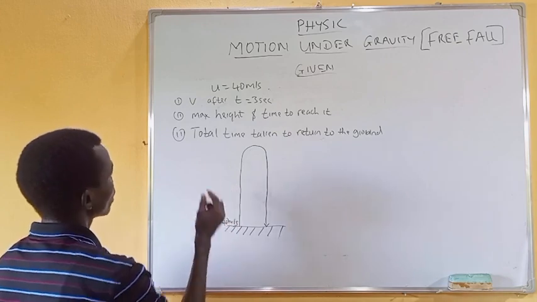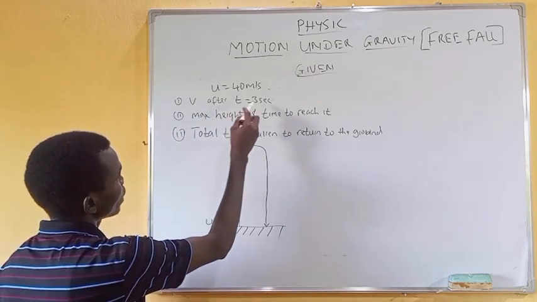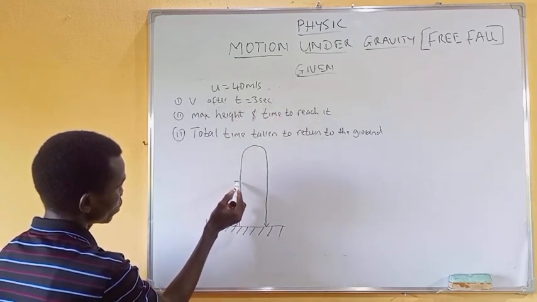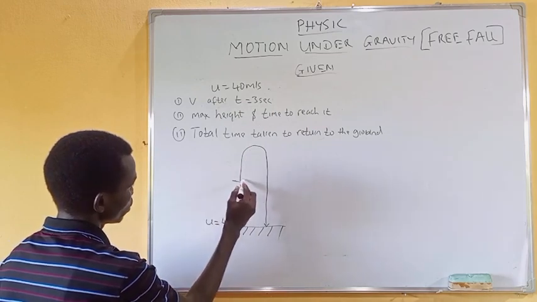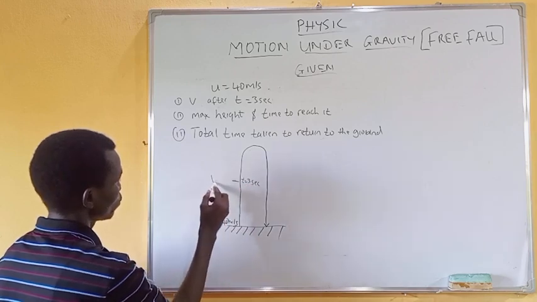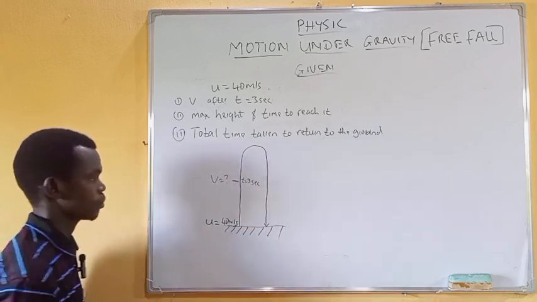Then we are asked to calculate the velocity at time 3 seconds. Let's assume here to be the time 3 seconds. Time is equal to 3 seconds. Therefore, velocity at this point is unknown.